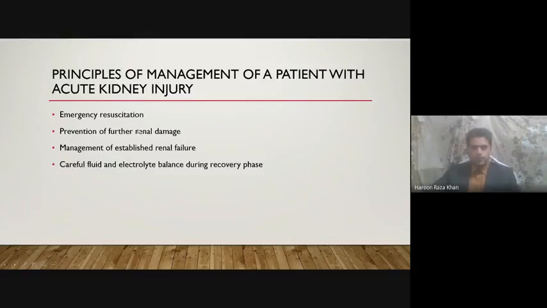I have briefly tried to explain the main principles. They are mainly four: first, emergency resuscitation; prevention of further renal damage; management of established renal failure; and careful fluid and electrolyte balance during the recovery phase. You can read the further details in the book.